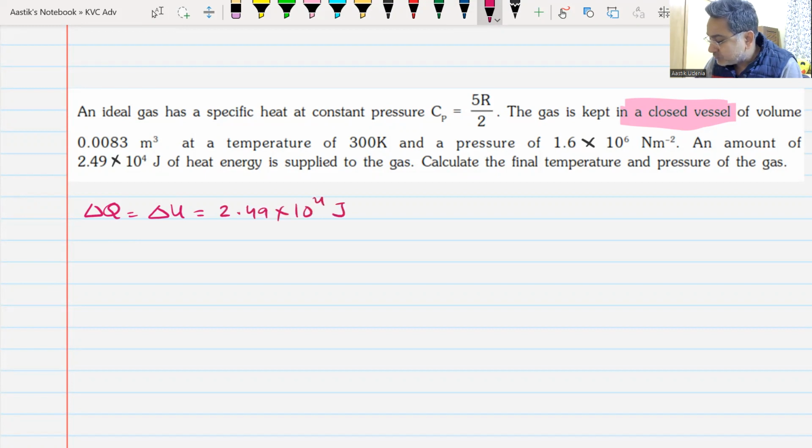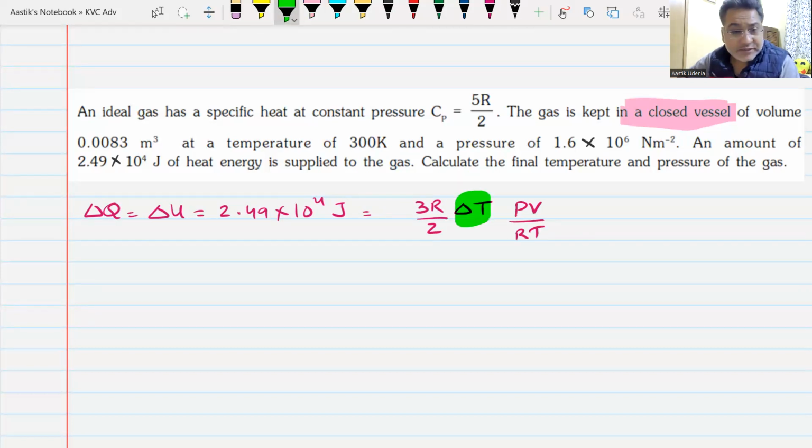That is equal to n Cv delta T, where Cv will be 3R by 2. That n will be PV by RT. P is known, V is known, R is known, T is known. From there, you can find out the change in temperature.